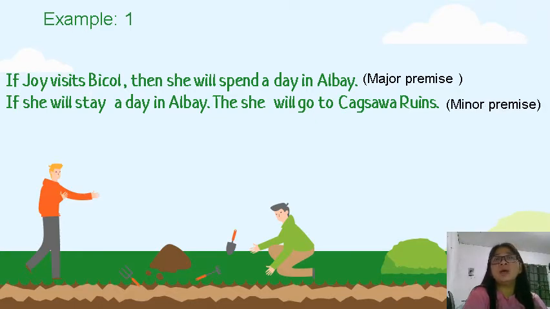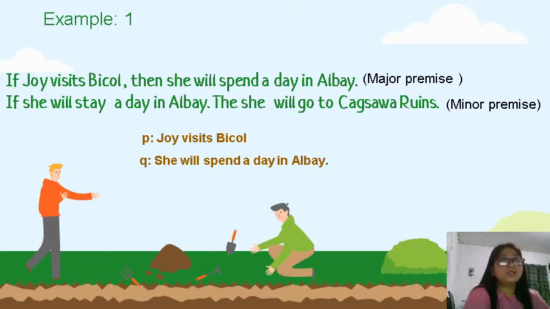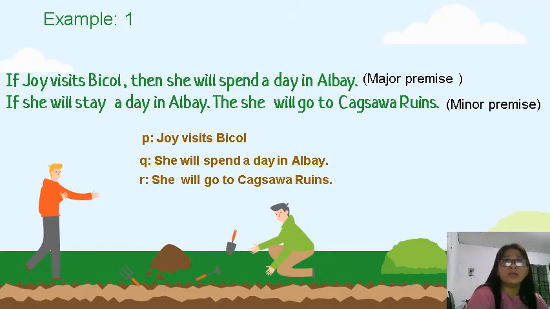And then we have the minor premise, which is if she will stay a day in Albay, then she will go to Cagsawa ruins. So we have P, Joy visits Bicol, and then we have Q, another premise, she will stay in Albay, and then the conclusion, our R, she will go to Cagsawa ruins. So our statement is valid.